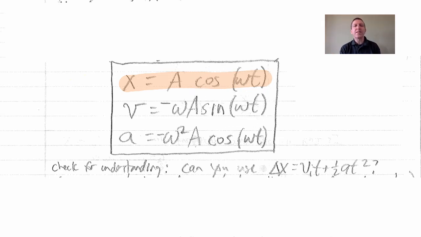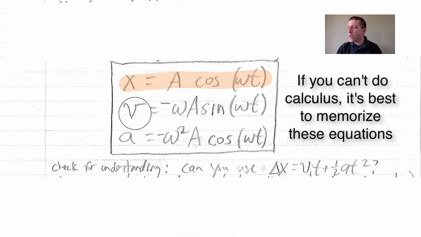Now, how do we express the speed or velocity? You just take the first derivative of this to get this. Notice the first derivative of cosine is negative sine. It's a negative sign, so that's where the negative and the sine come from. And then you have to use a correction factor. Well, the A is still in there, but a correction factor of omega, using the chain rule, gives you that omega here.